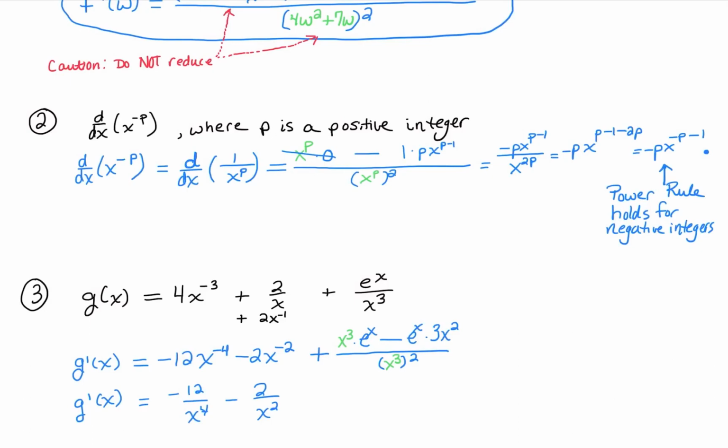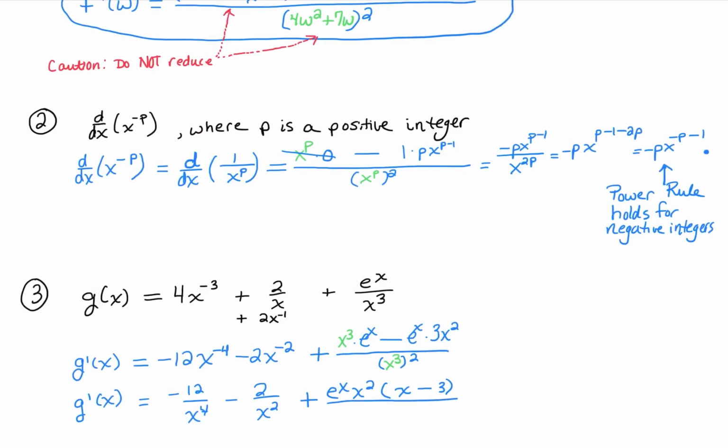In this last term, what we might do is do a little factoring out of a GCF in that numerator. So I could factor out an e to the x, and I can also factor out an x squared. When I do that, in the first term I would just have x, and then minus, in my second term I'm just going to have 3.